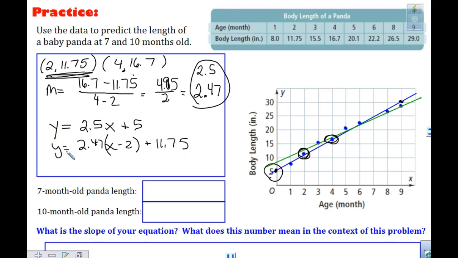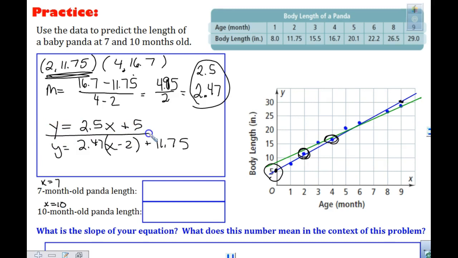Now we want to compute the 7-month-old. This is when x equals 7. This is when x equals 10. In this case, the 10 is going to be an extrapolation, and the 7 is going to be an interpolation.